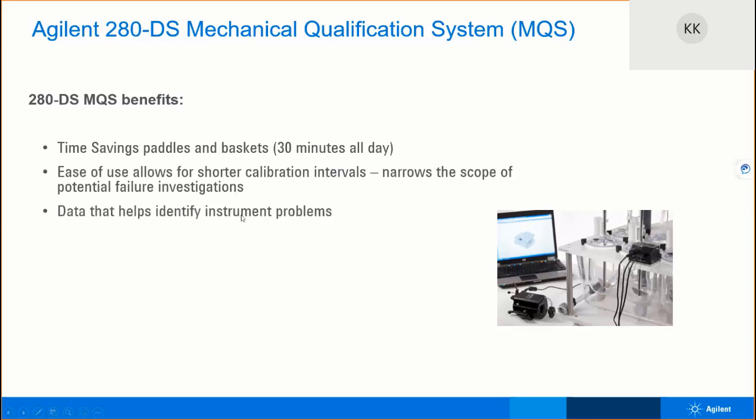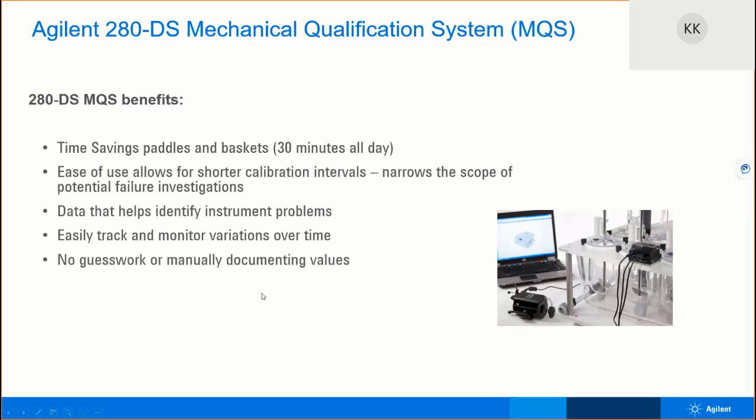You can do trending and identify instrument problems and monitor these variations over time. And there's no guesswork or manual documenting of values because the values are all documented by the software, and you get a report in the end, right? And you don't have to purchase any standards or tablets. It can be a daily tool for failure investigations.